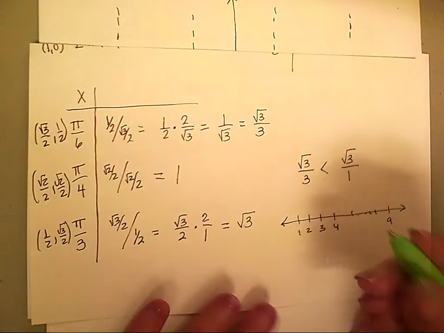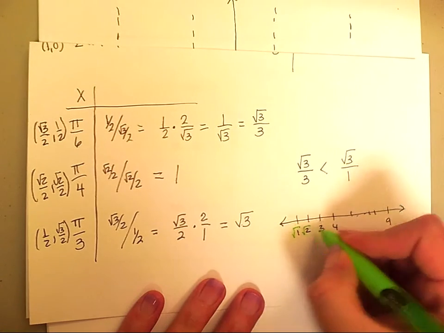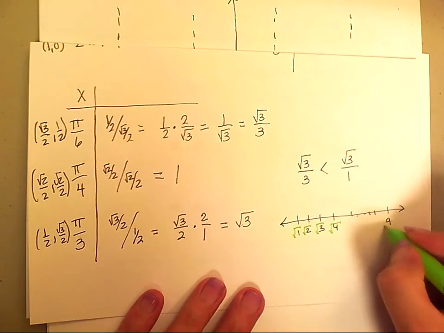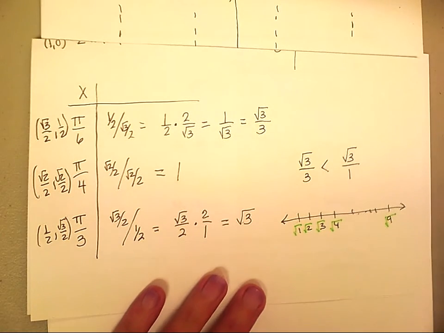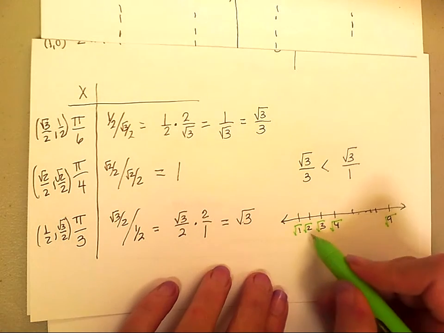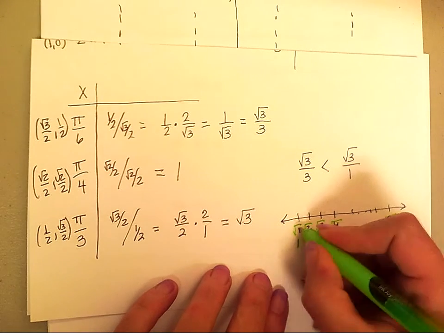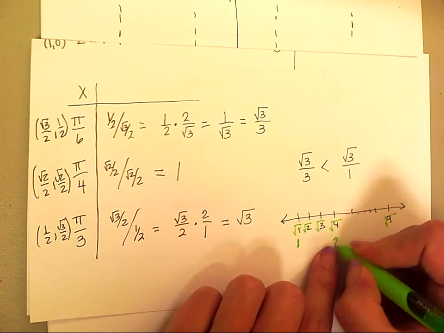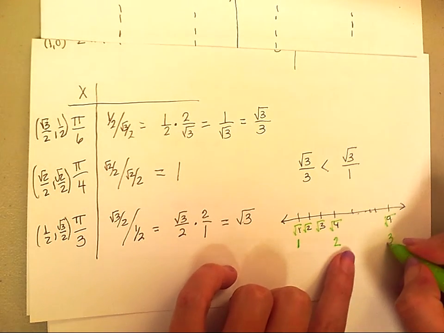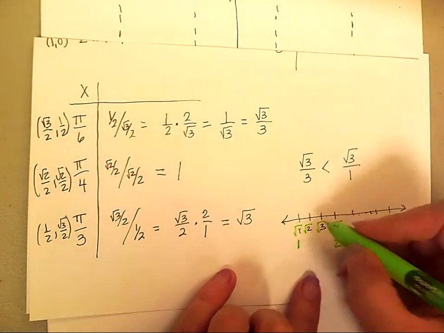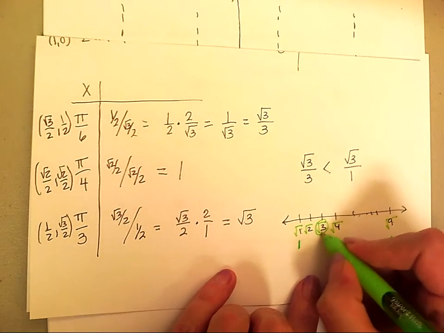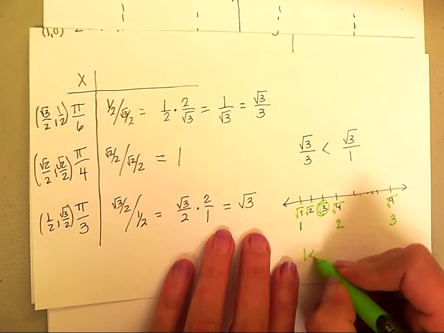So if this is true, then I hope you also believe that the square roots of all of these are true. That is, the square root of 2 must be greater than the square root of 1. So the square root of 1 is 1, the square root of 4 is 2, and the square root of 9 is 3. In here, we have the square root of 3.